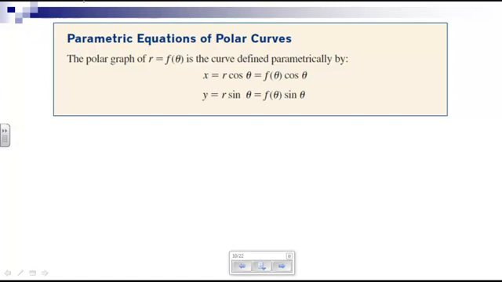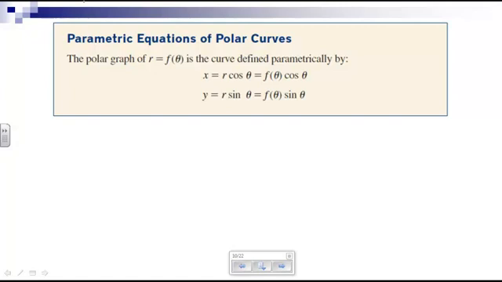Instead of x being a function of y or y being a function of x, in the parametric thing that we introduced or reintroduced in 10.1, they said, how about x is a function of a new independent variable? Let's call it t. Hey, how about y being a function of a new independent variable? Let's call it t. And we said, here's what happens when we have this new independent variable describing the location of x and the location of y.